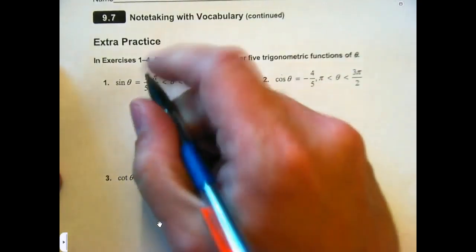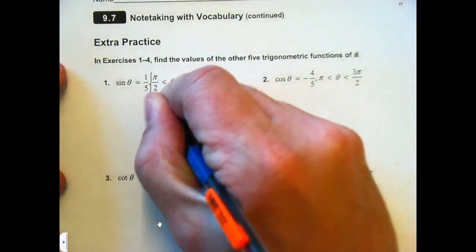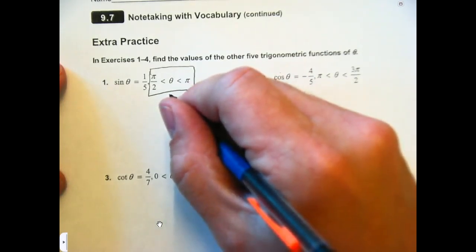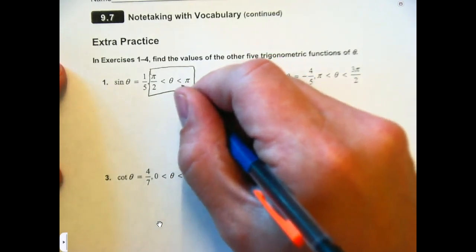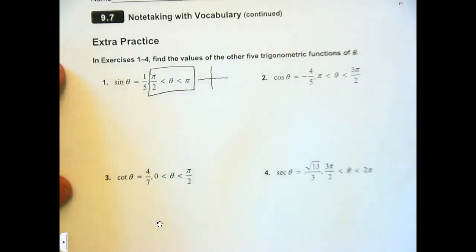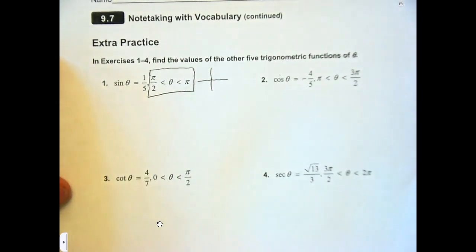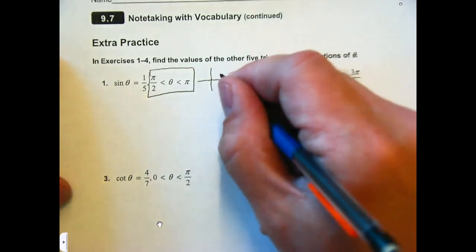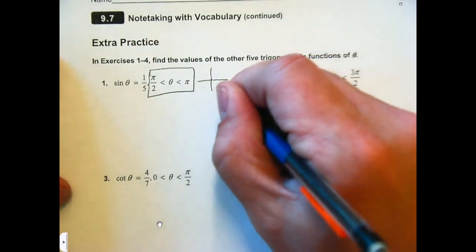Okay, let's dissect what they mean here. It's giving you a quadrant to work in. Which quadrant are we in there? 1, 2, 3, 4.